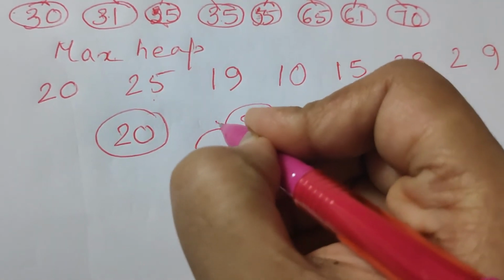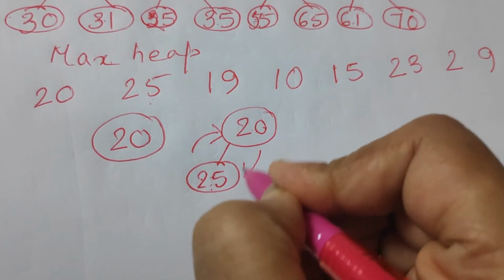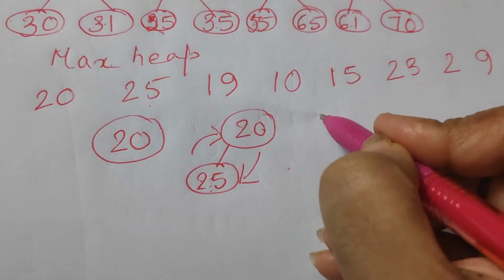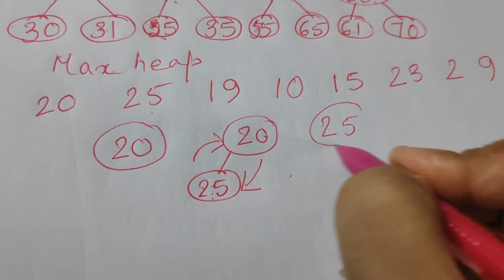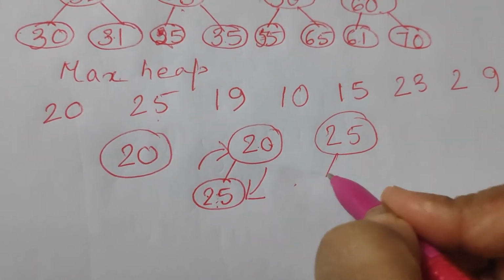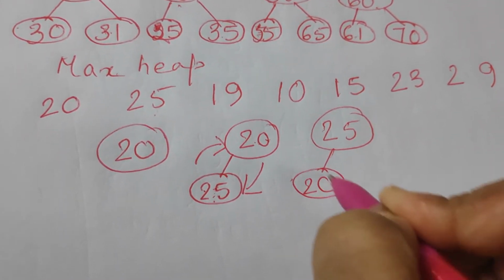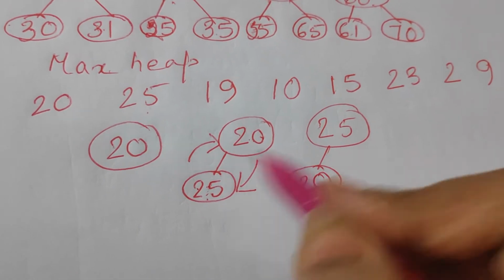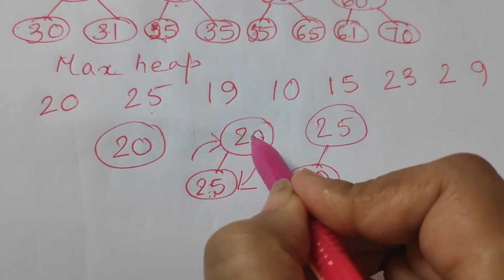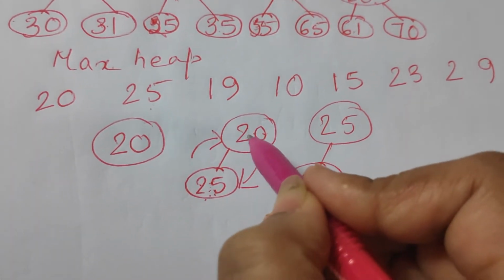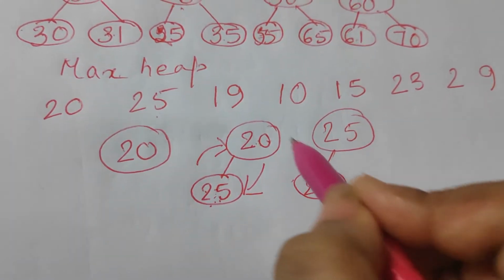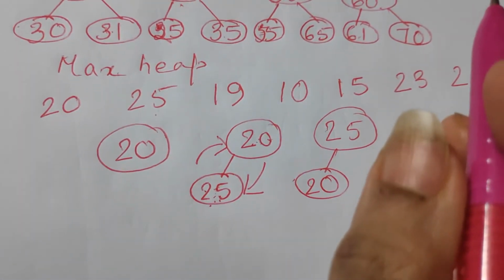So therefore, the values will be swapped. So 25 will become the root node and 20 would become the child node, right? Because 25 being child of 20 does not cater to the rule of a max heap.